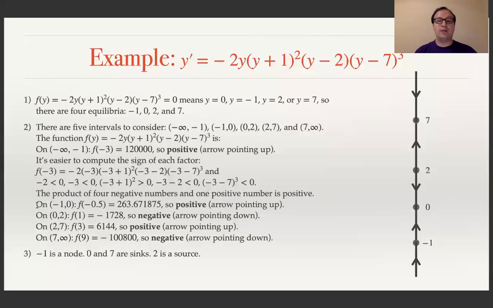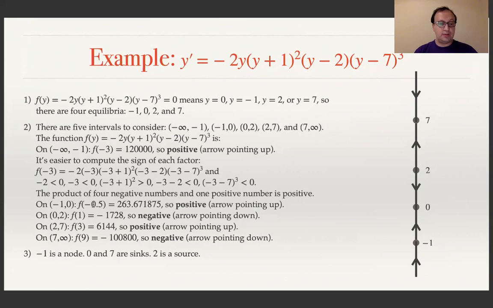Let's do this on the other intervals as well, either by actually computing the value of f or by just looking at the sign of each factor. We get the following conclusions. On the interval -1 and 0, let's pick the point -0.5.